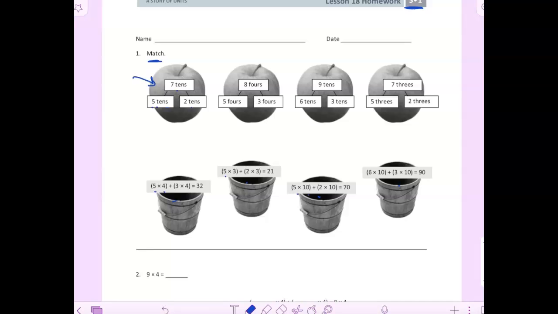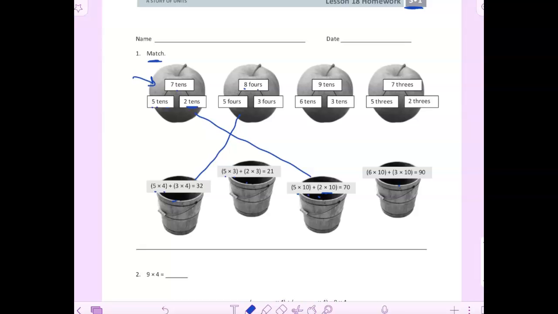Oh! I think that might be a winner. The other one is 2 tens, and I have 2 tens there, so that is a match. Next, we have 8 fours. We have 5 fours and 3 fours, and that is the very first one. See if you can do the next one.